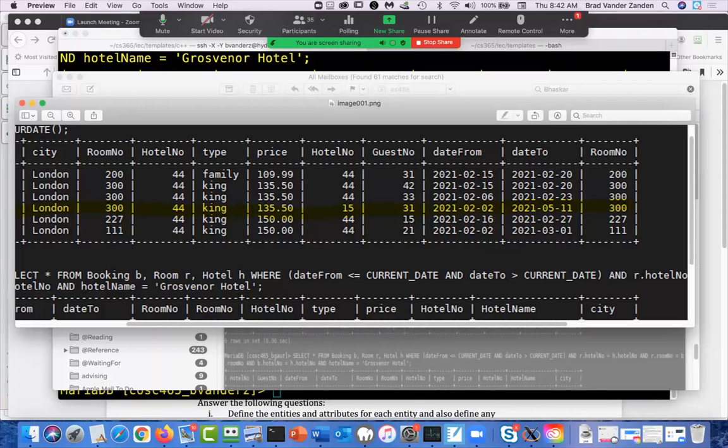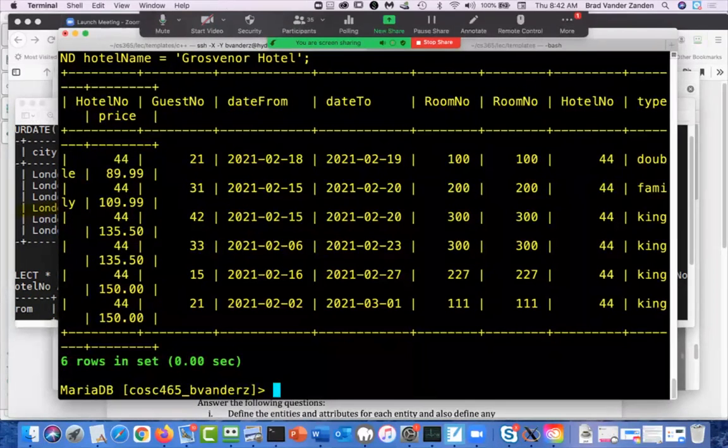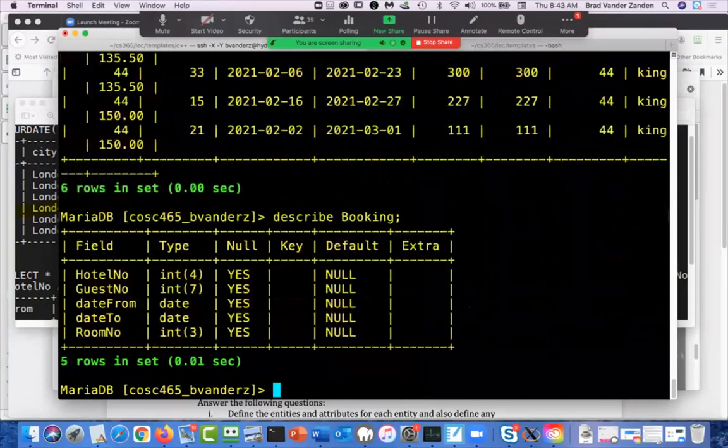You had to make sure also, no, with the room, sorry, with the room relation, let me come back here and just describe booking, describe rooms.